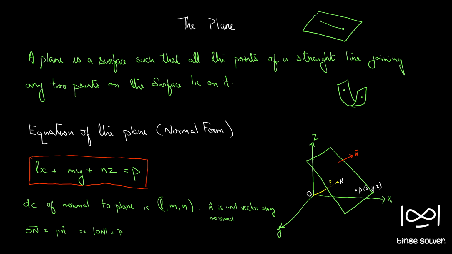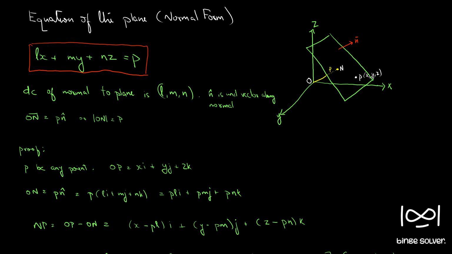Its proof is pretty simple if we use the concepts from vectors. So we have ON as Pn. P is the magnitude of ON and n is the direction of that normal, and n is a unit vector. So the magnitude of ON is P, and let P(x, y, z) be any point on the plane. So X, Y, Z be any point on this surface.